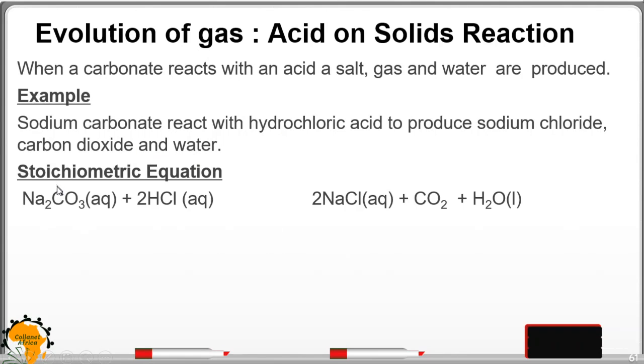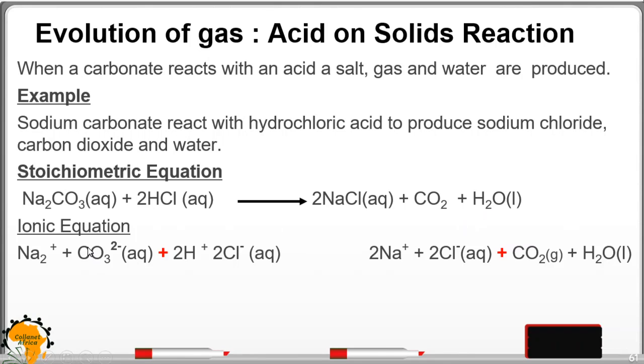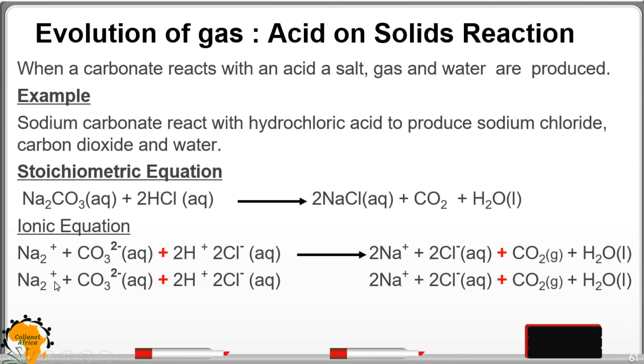So the stoichiometric equation: sodium carbonate aqueous plus HCl to produce sodium chloride, carbon dioxide gas, and also the liquid water. For the ionic equation, you cancel the spectator ions. So sodium will cancel out, then the other spectator ions are chloride ions.